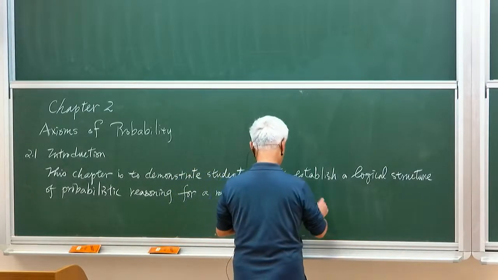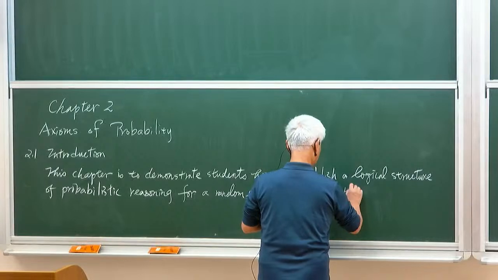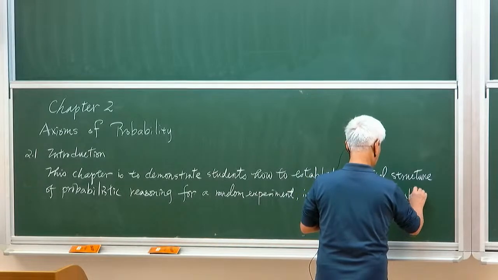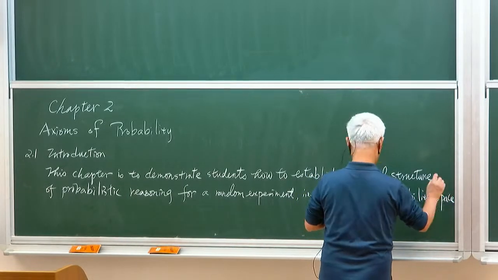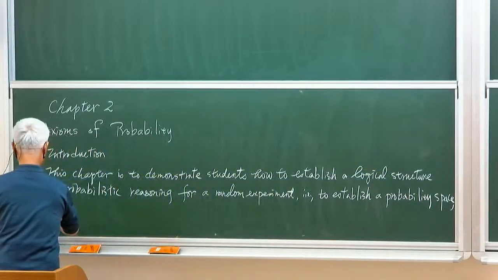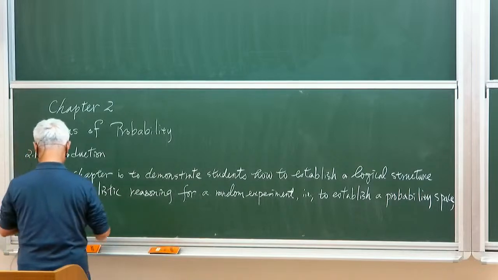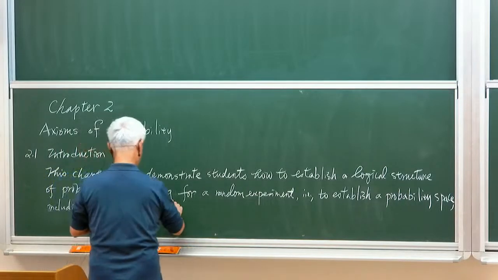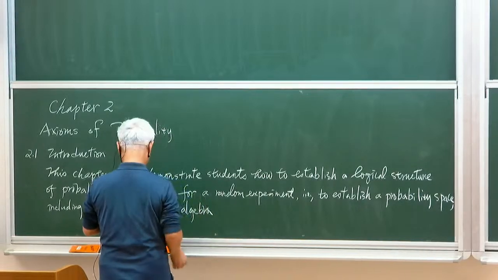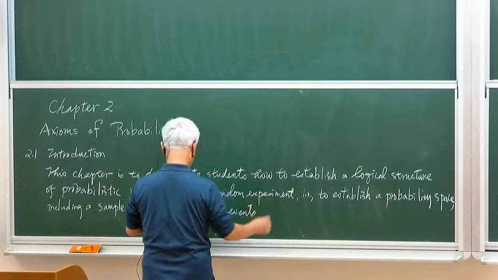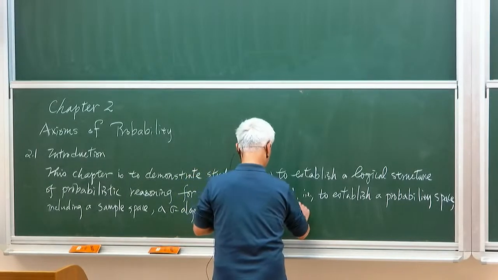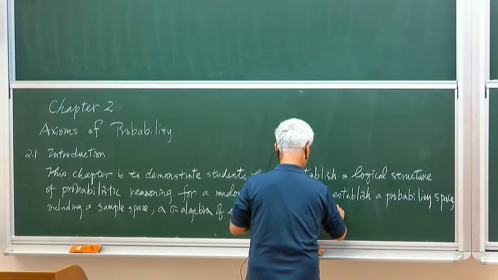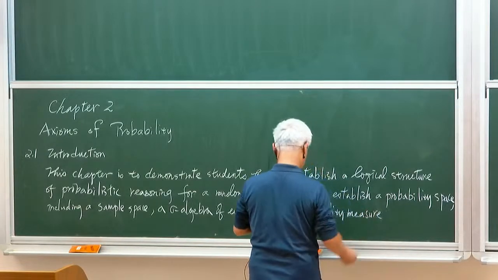Let me say it in other words: to establish a so-called probability space, including a sample space, and a sigma algebra of events, and a probability measure on events.